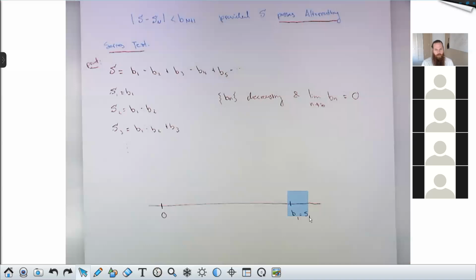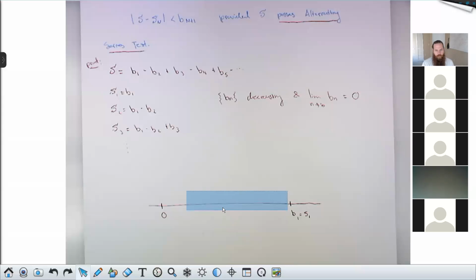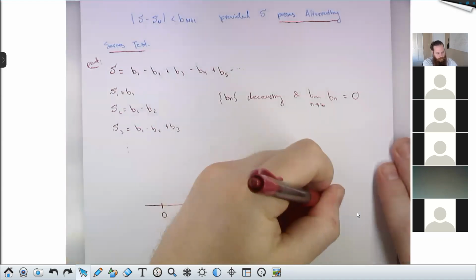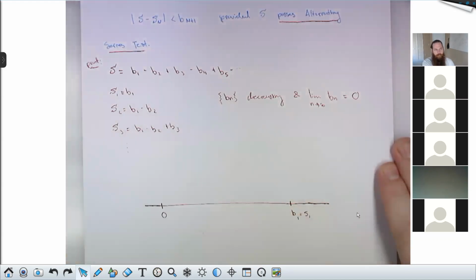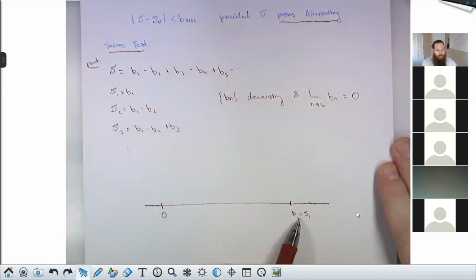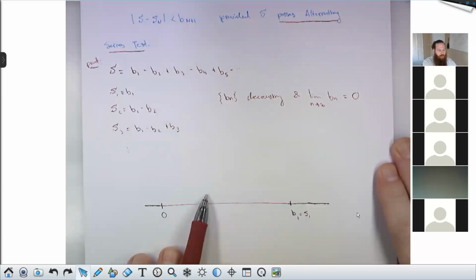How do I get from here to S2? Is S2 going to be to the left over here, or is it going to be to the right over here? Is the question clear? Good, it's going to be to the left because B2 is being subtracted. So if I'm here at S1, then to get from S1 to S2, I need to walk to the left by B2 units.